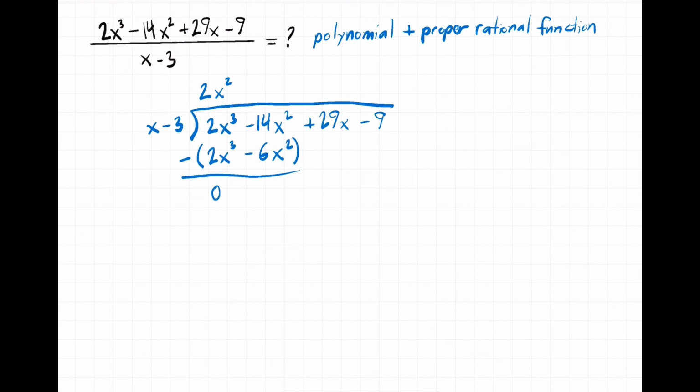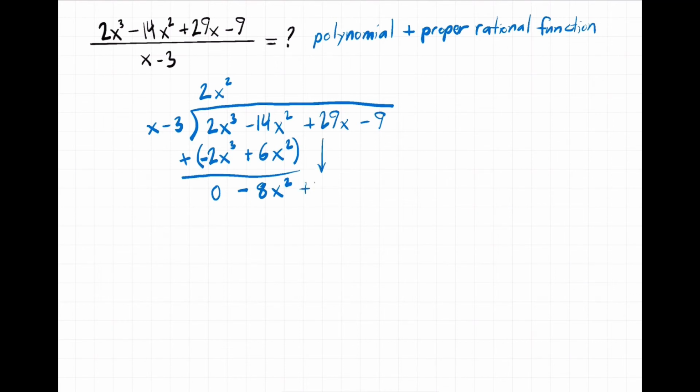Negative 14x squared minus negative 6x squared really means I can change this to a plus, put that negative there, and make this a plus. So really it's negative 14x squared plus 6x squared. That's going to give us negative 8x squared. So now we can bring our next term in our polynomial down.